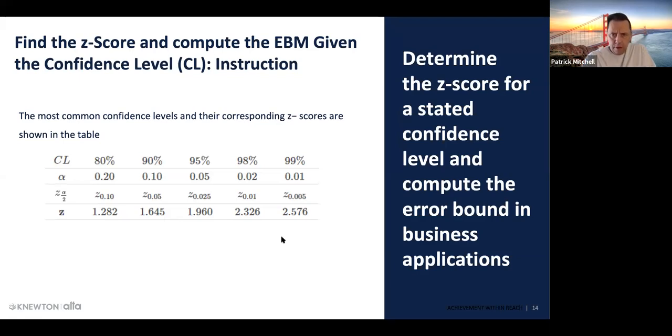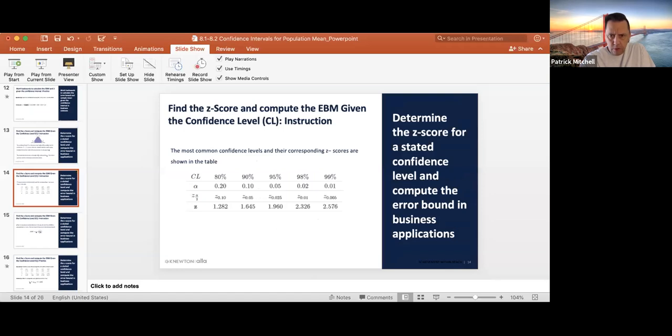I don't think I ever showed you. Just bring the table back. See right here at the bottom, it has those 3 confidence levels and then those 3 critical values. It just doesn't have 80% or 98%. All right.